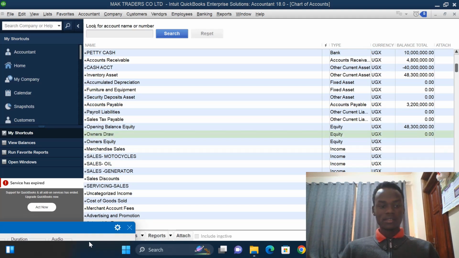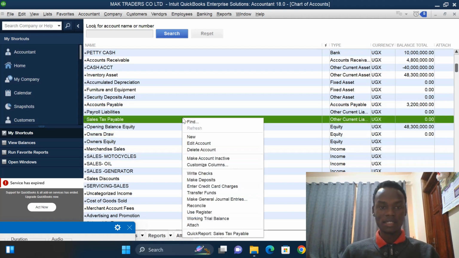So the next transaction: obtained a 5-year bank loan worth 100 million at 14% per annum. Okay, so basically what we're going to do, we're going to create a general journal once again.